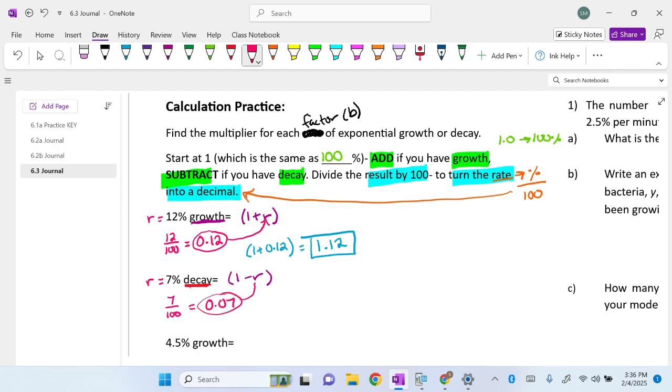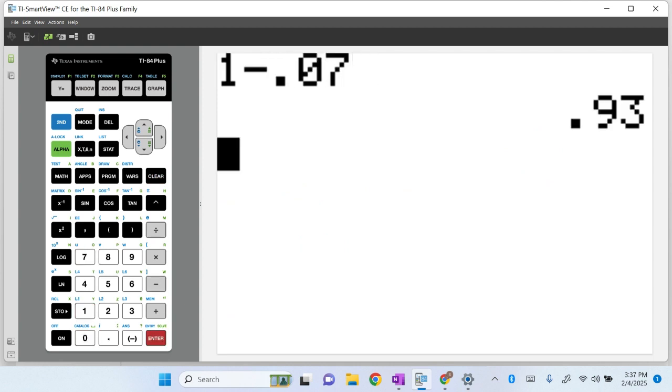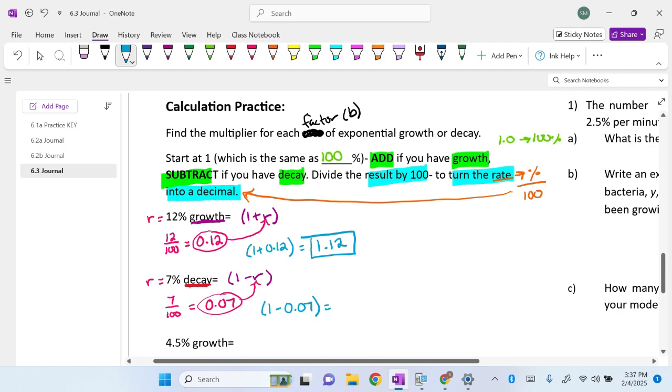And you're going to stick that in for the R here. So that means you would have 1 minus 0.07. And again, you can put that in your calculator. So 1 minus 0.07, I get 0.93. So this would be 0.93.